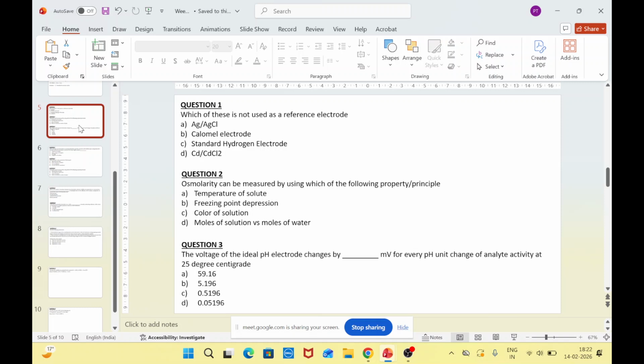Which of these is not used as a reference electrode? That should be quite a simple one, right? Anyone?